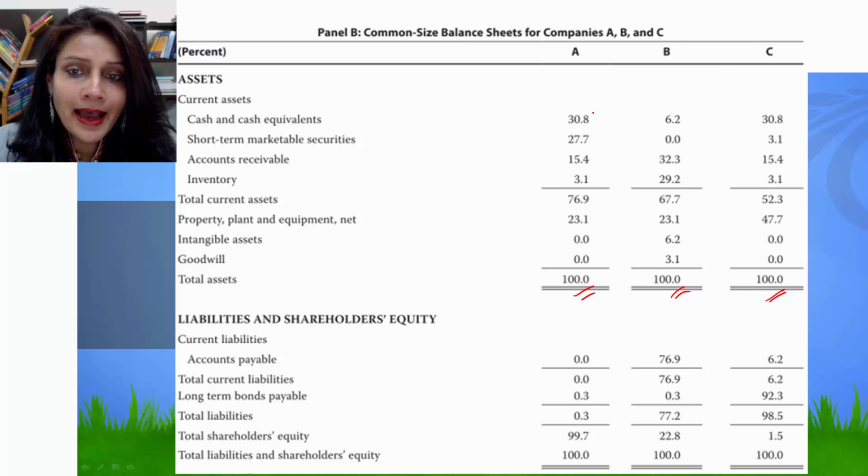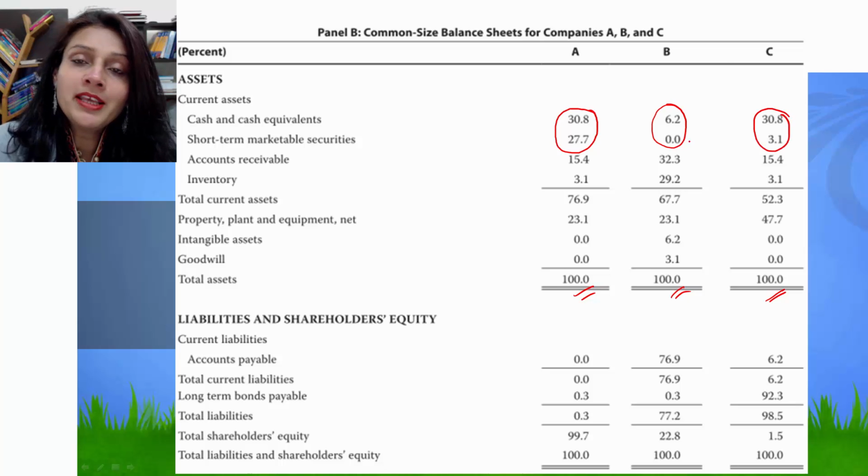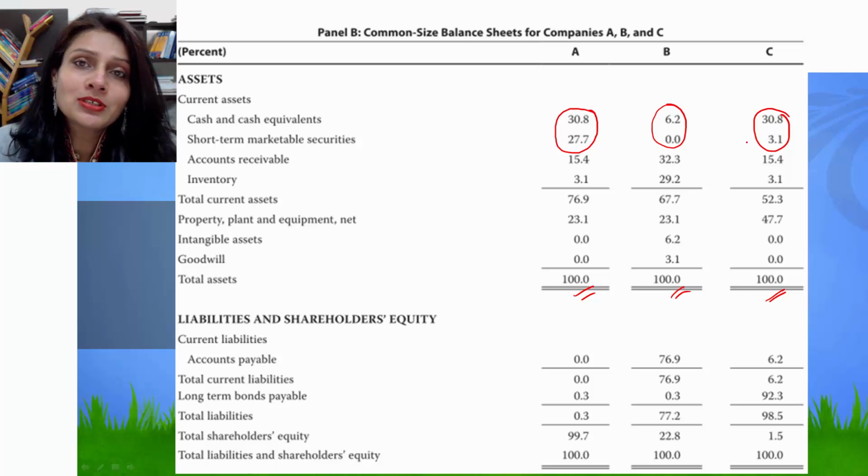Company A has cash and cash equivalents of approximately 60% of total assets, while company B has just 6% of liquid assets. Company C is somewhere in between. So from these 3, we can say that company A is the most liquid company out of the 3. Next comes company C, and third comes company B.